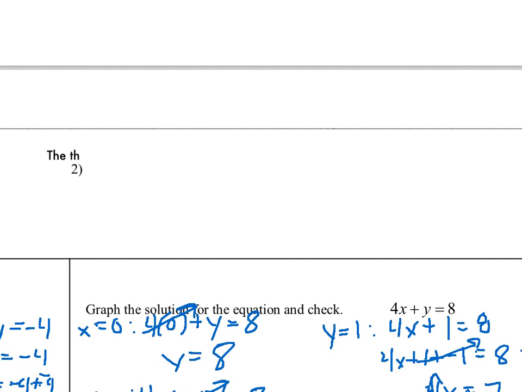The third point doesn't have to come out as a whole number since it is just a check.